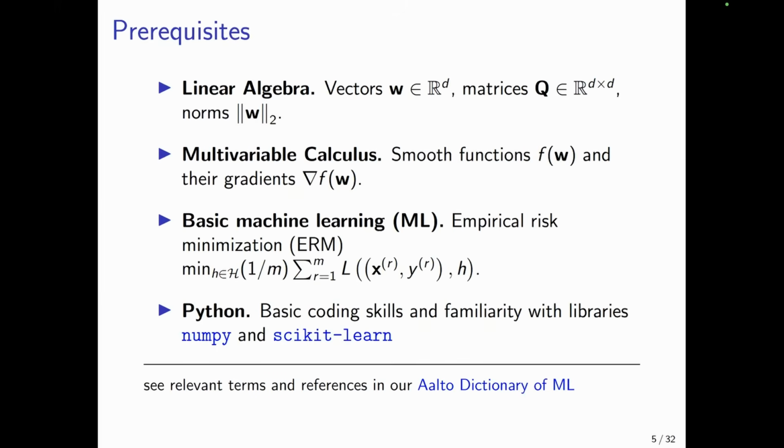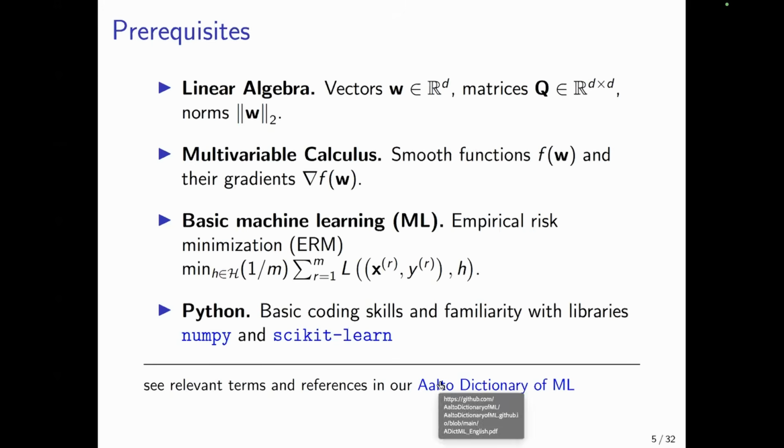So if you know what a gradient is, this would make things easier. But again, you can refresh your memories as we go. There should be enough time for this. We also assume basic knowledge of machine learning. So you should know what is empirical risk minimization, what is model training, what is model validation. And our assignments will require some Python coding, so basic familiarity with Python is also needed.